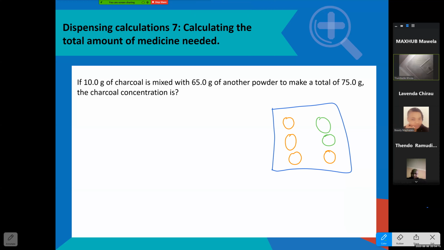If you want to understand percentages, just remember that you always calculate a percentage out of the whole. Out of the whole.